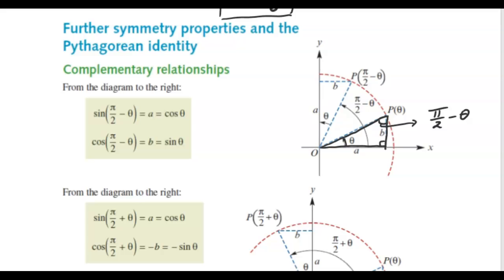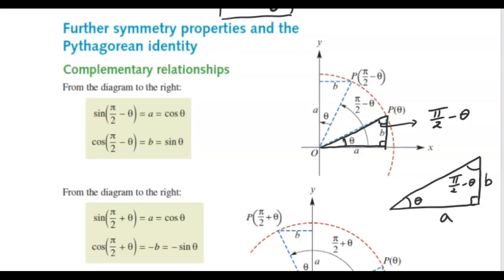If I take that triangle again, I'm just going to draw it outside so we can see what's going on. My angle here is theta, the angle here is pi on 2 minus theta. In this example they've used the letters A and B, so I'm going to continue using that.